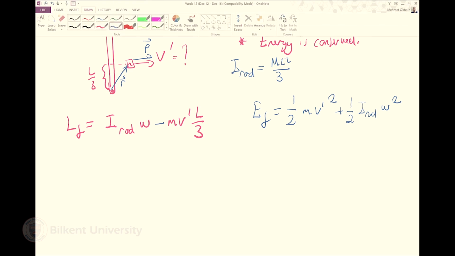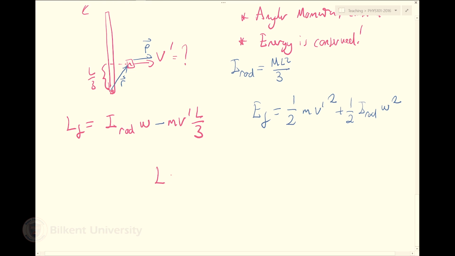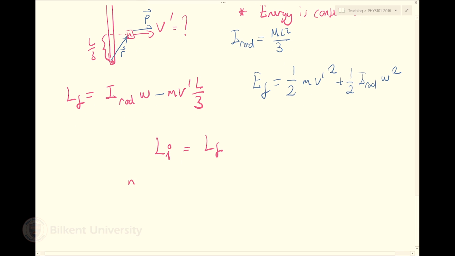I need to actually just conserve angular momentum, which is going to be L initial is equal to L final. L initial was mv L over 3. And L final is, let me write it nicely, M L squared over 3 times omega minus m v prime L over 3, right?